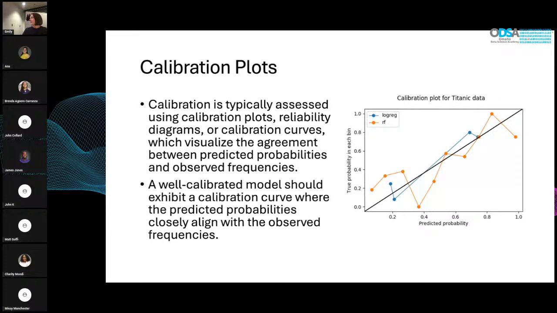The log reg by nature is a better calibrated model than random forest. It's a closer fit to that line, though it needs to be spread out a little bit. But you can tell that the random forest is further away from representing reality from the way that the probabilities are distributed.